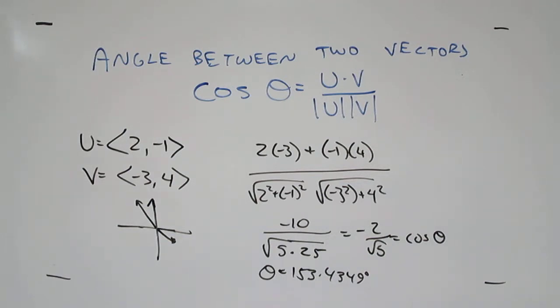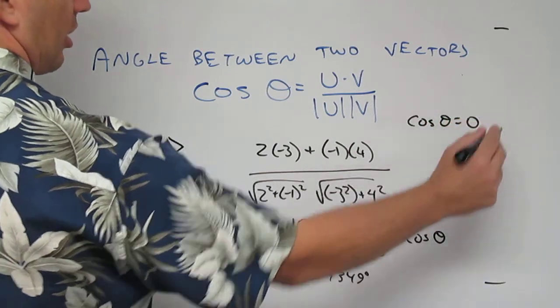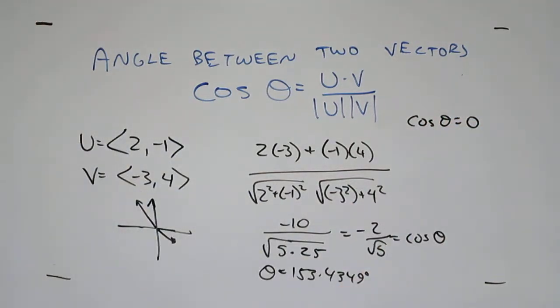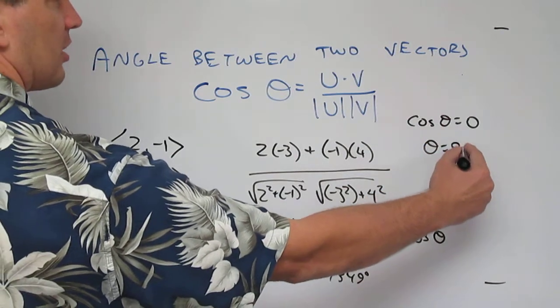Now, one of the things that we'll find here is that there are times that when you do inverse cosine, you'll have something where you'll be saying cosine of theta is equal to 0. It's possible that the dot product of two vectors is equal to 0. And you should remember from the last chapters that cosine is equal to 0 when theta is equal to 90 degrees.